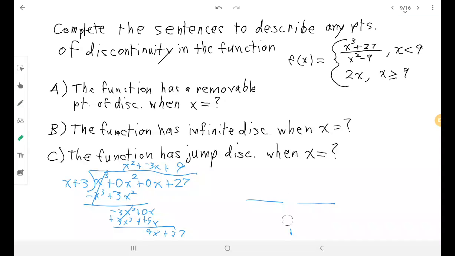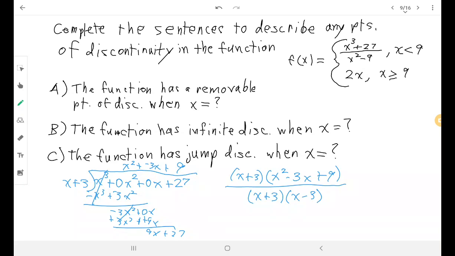So again, let's forget about the graph just for a moment here and focus on the algebra, because the algebra is a little more difficult. The graph we could look at in Desmos, right? So what this says is I've got x plus 3 times x squared minus 3x plus 9 over x squared minus 9, which is a difference of squares that I can turn into x plus 3 times x minus 3, right?